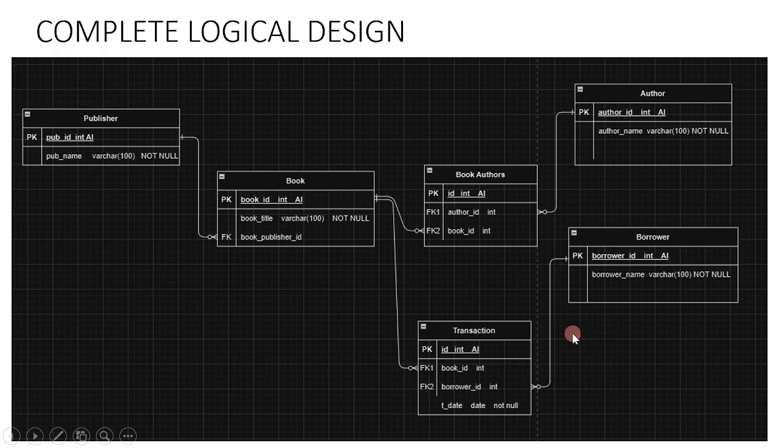As of now, we only have our foreign keys. As I mentioned, I labeled this as the complete logical design, but then I found out there's a problem in our transaction here. The relationship for book and borrower is that many borrowers can borrow many books, and many books could be borrowed by many borrowers.